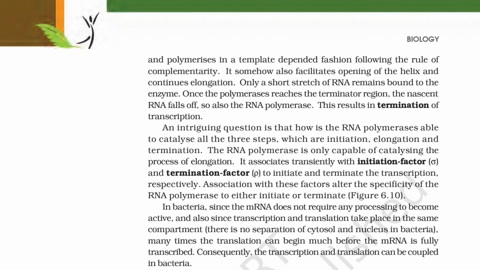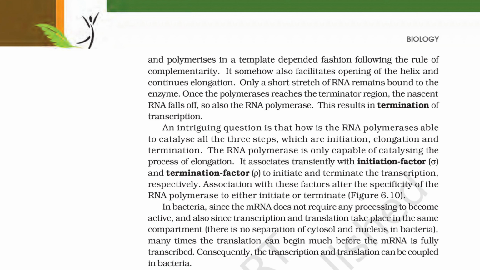The RNA polymerase is only capable of catalyzing the process of elongation. It associates transiently with initiation factor, sigma, and termination factor, rho, to initiate and terminate the transcription, respectively. Association with these factors alters the specificity of the RNA polymerase to either initiate or terminate.